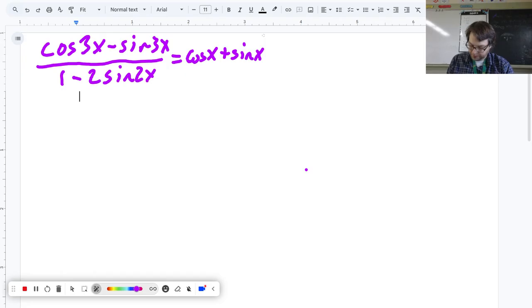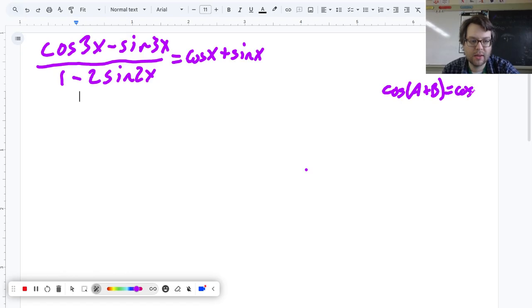For example, we know that if you did cosine of a plus b, you get cosine a cosine b minus sine a sine b.